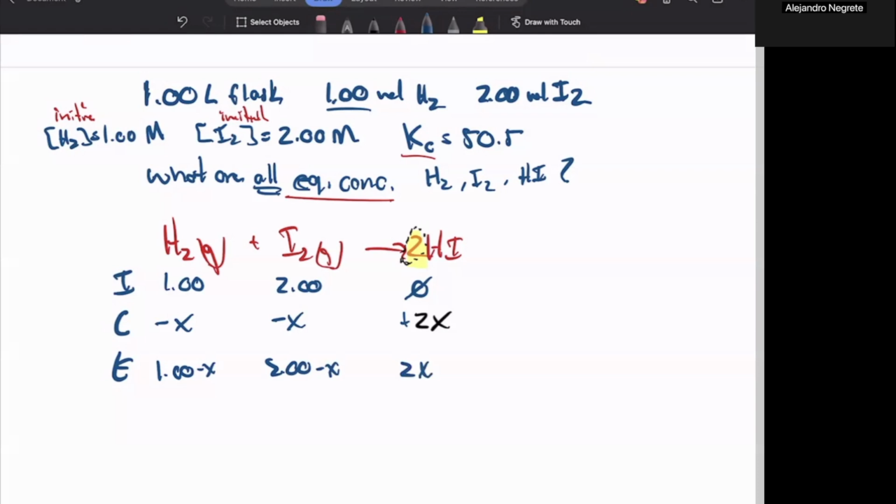So now we'll set up our formula for K sub C, products over the reactants. And we're using these values down here. We're going to use this, this, and this, and we're going to put those into this K sub C.